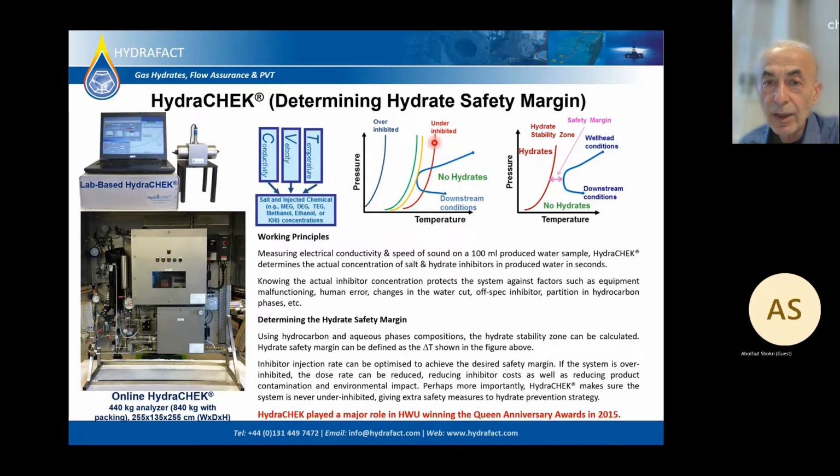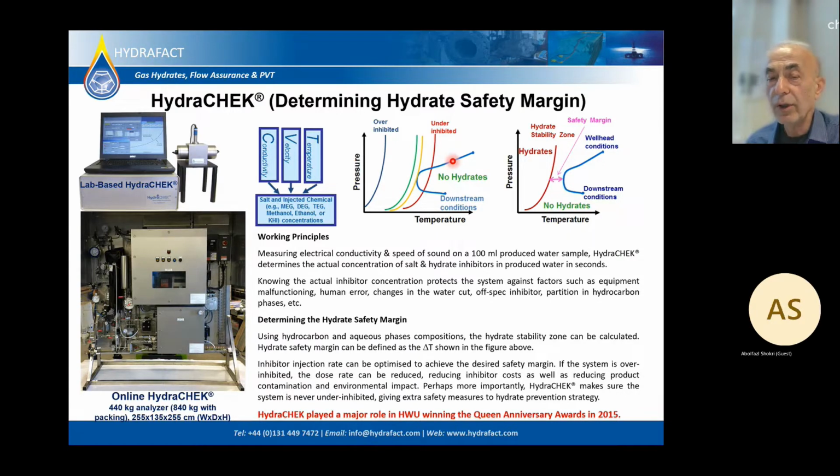This, for example, is the pipeline condition. If the hydrate phase boundary is here, there is a risk of hydrate formation. So we need to either move the pipeline condition to the right or move the hydrate phase boundary to the left.